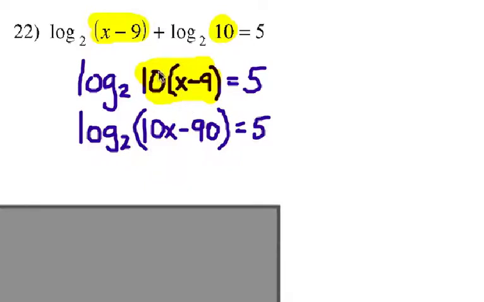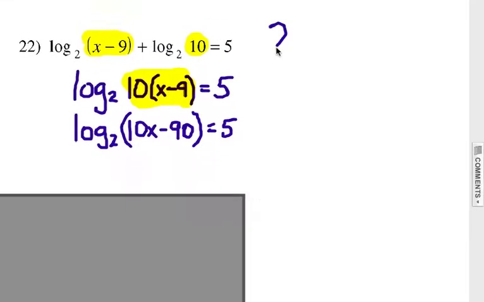So we'll use the distributive property there and write the expression this way. And from here we go back to the exponential form. So here's your base, 2, and here's your exponent, 2 to the 5th power equals 10x plus 90. Now it becomes a simple equation that we need to solve.